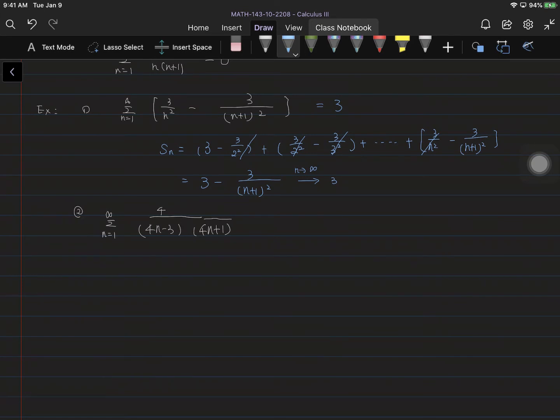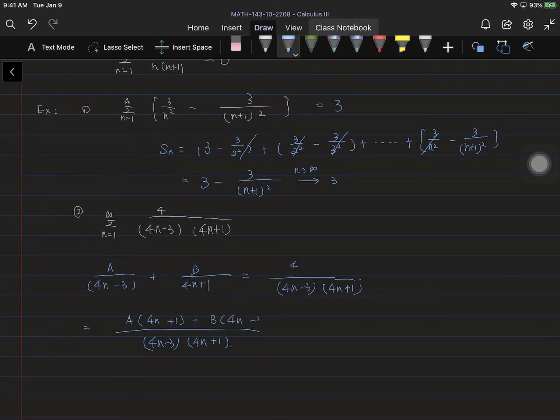The second one, partial fraction: A over 4n minus 3 plus B over 4n plus 1. Combine. Set the numerators equal to each other.